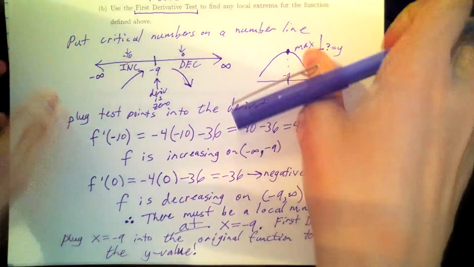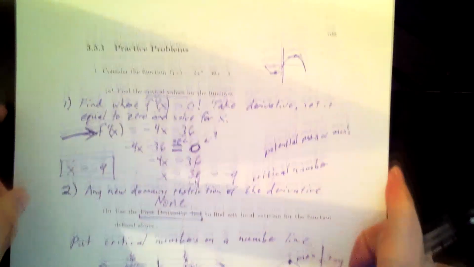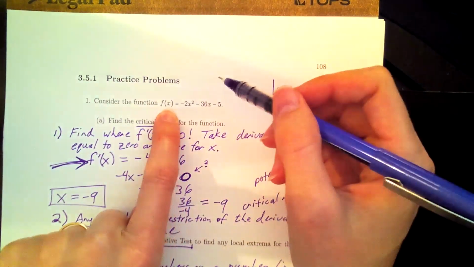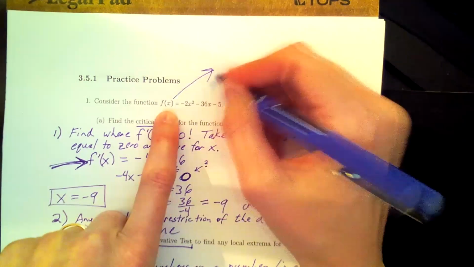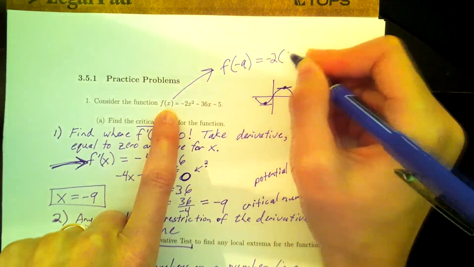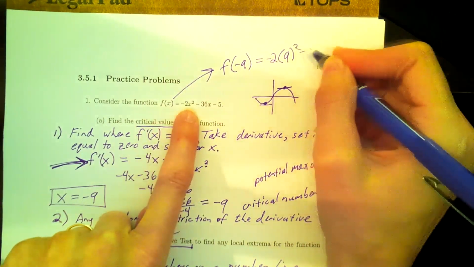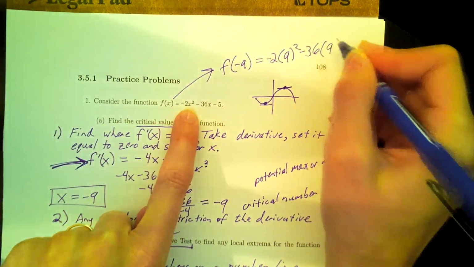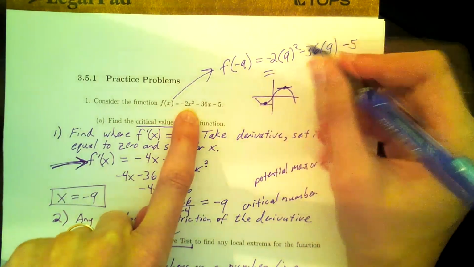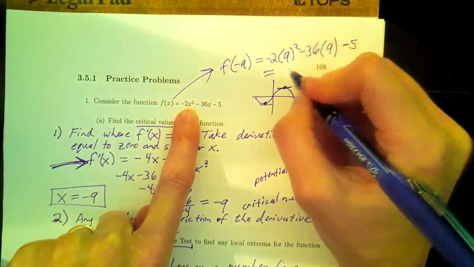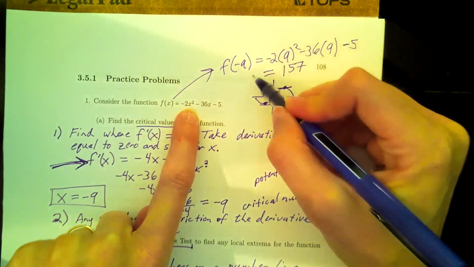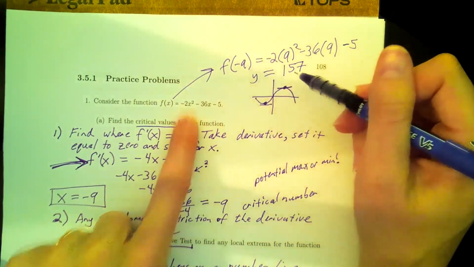So when you do that, you go way up here. You plug -9 into the original function, f of -9. It's -2 times 9 squared minus 36 times 9 minus 5. I had previously punched this out, but this gives you 157. So my y value at -9 is 157.